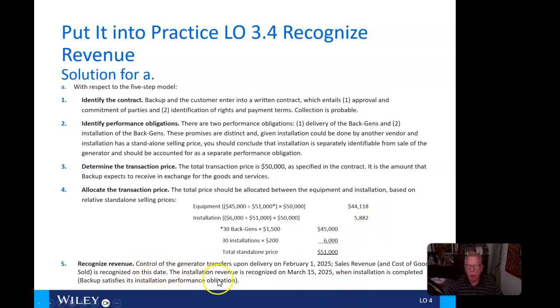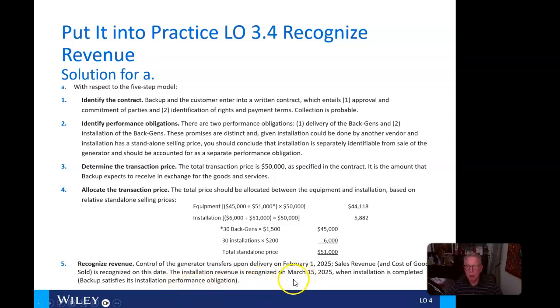And that's how we're going to recognize revenues in this case. Okay, the installation revenue is recognized on March 15th, and that's when we have completed our performance obligation for the installation.